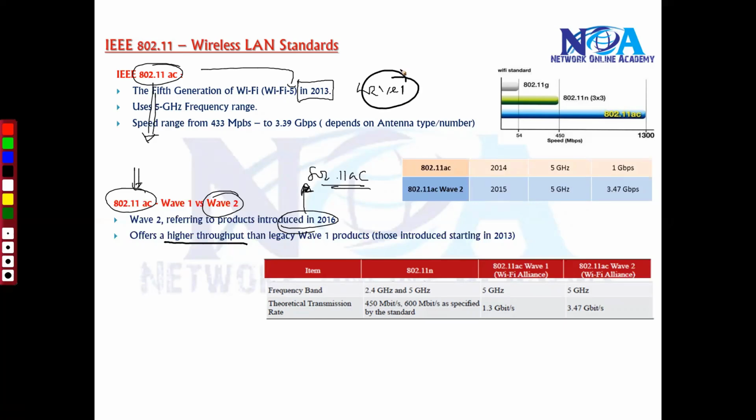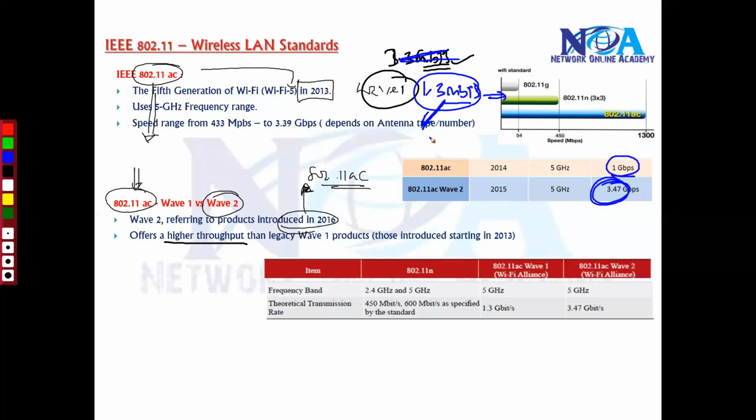In Wave 1, we can get a throughput of up to 3.3 gig, something around that. That's the maximum throughput we can get. But when you compare that with Wave 2, it can offer something more than that. Normally it is like 1.3 gig with a single type of antenna, so Wave 2 can go up to 3.47.